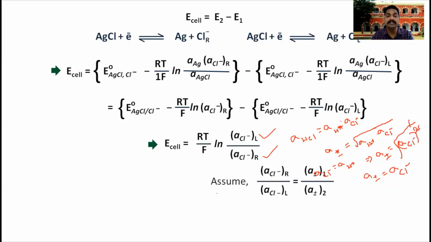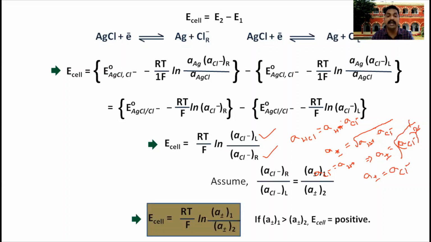Thus E cell is equal to RT by F Ln mean ionic activity 1 divided by mean ionic activity 2. So E cell will be positive when the numerator is greater than denominator, which means A plus or minus 1 should be greater than A plus or minus 2. Then only E cell will be positive.